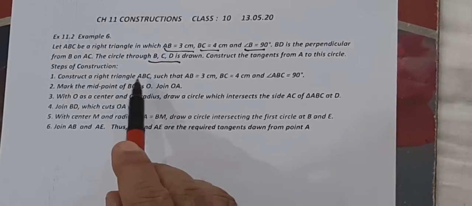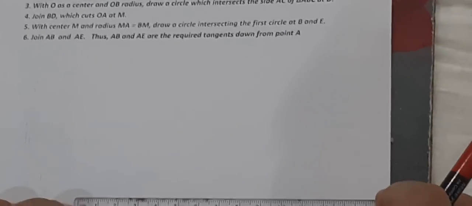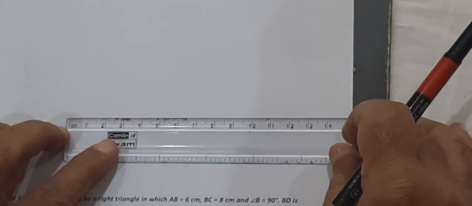First we will construct triangle ABC. Now first draw BC in the middle of the page, 4 centimeter.